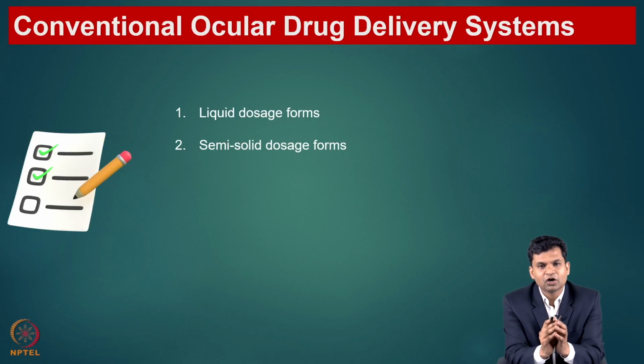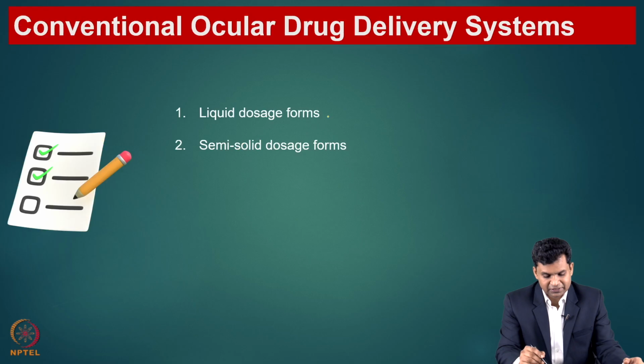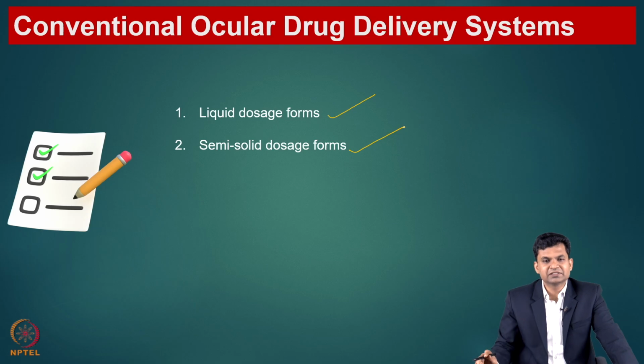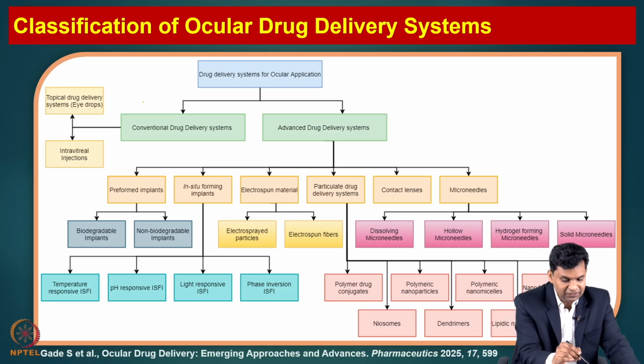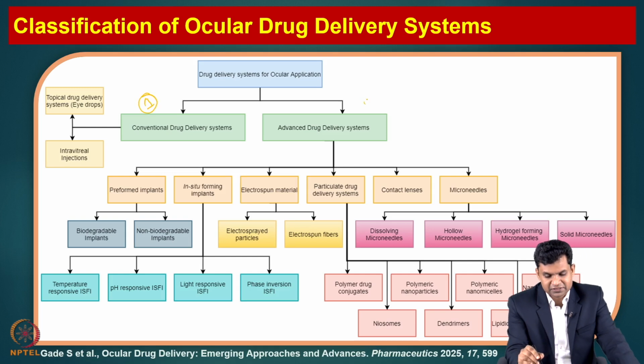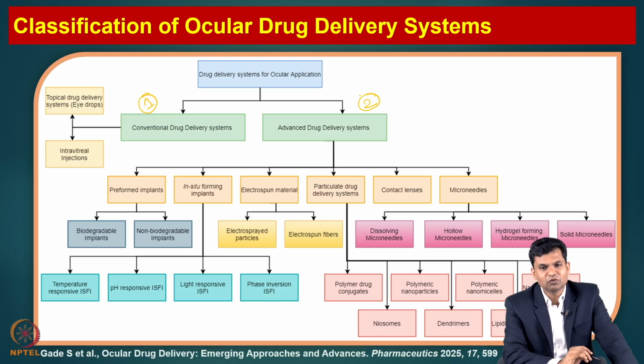the conventional ocular drug delivery systems, which can be classified into liquid dosage forms and semi-solid dosage forms. Now, these can be classified into the conventional, that is the first one, and the second one is the advanced drug delivery systems.